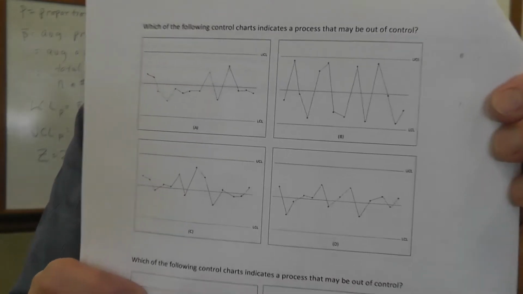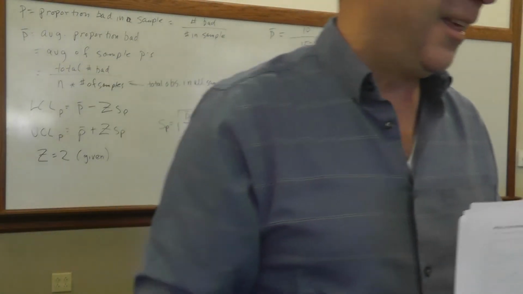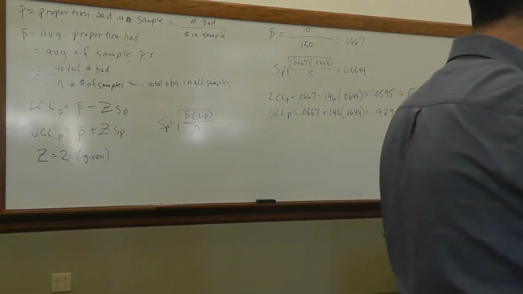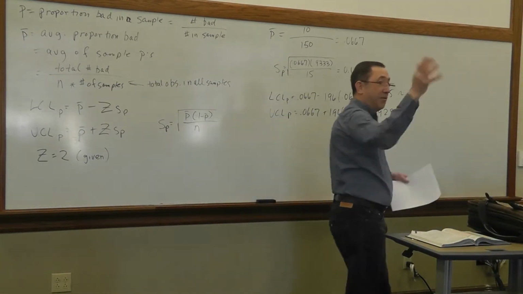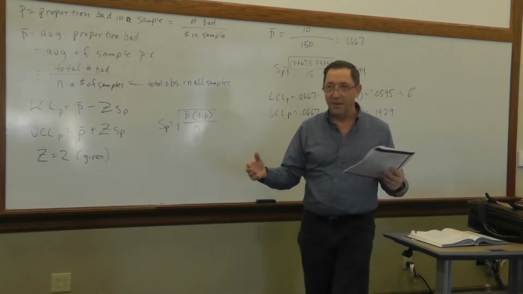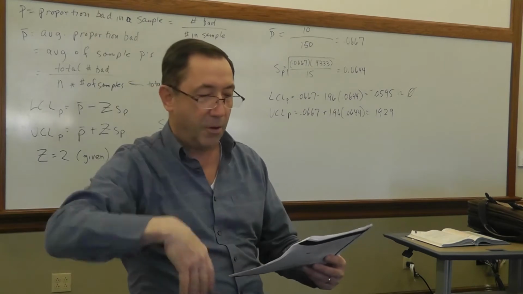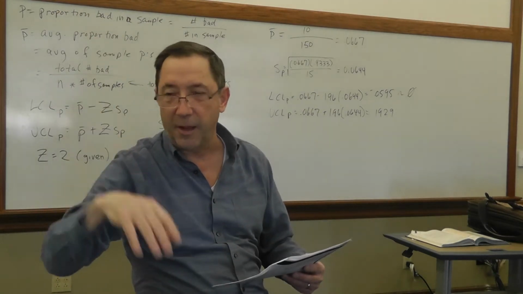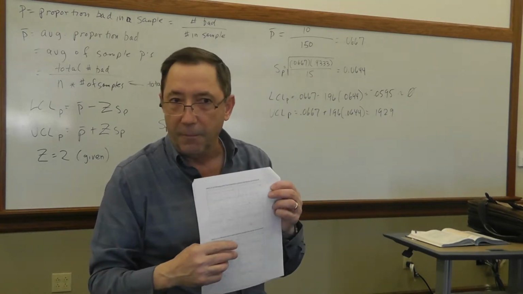Your intuition's probably going to work here. What's that? B. B. Nothing outside the control limits, right? They bounce if they're above and below the mean, right? But they're all over the place. And they're all, most of them, pretty far away from the center line. This is what your book gives as an example of erratic behavior.